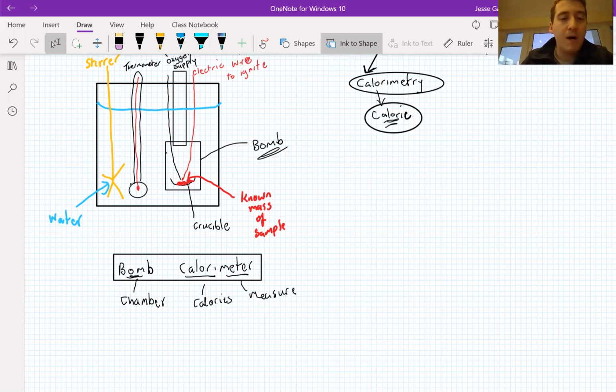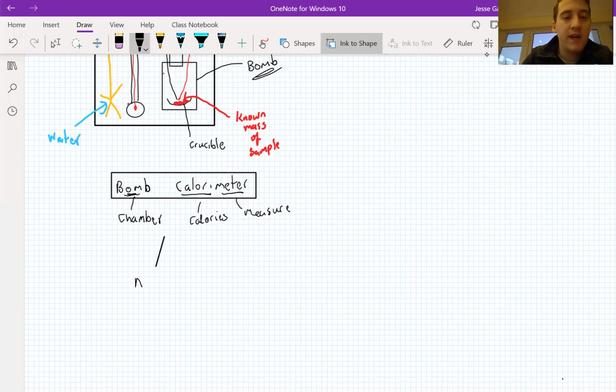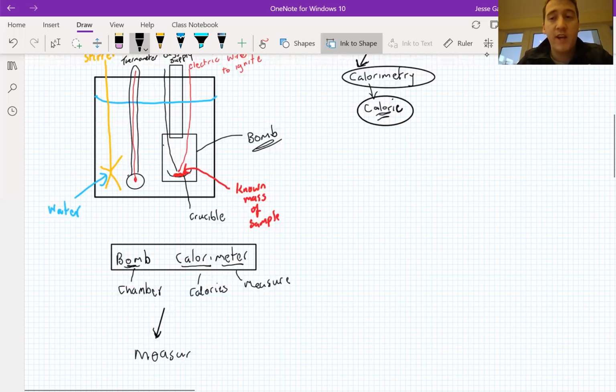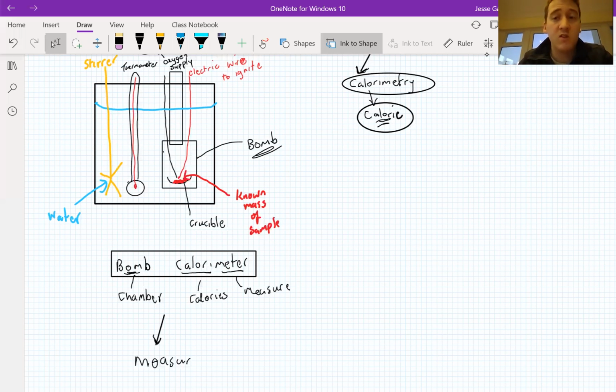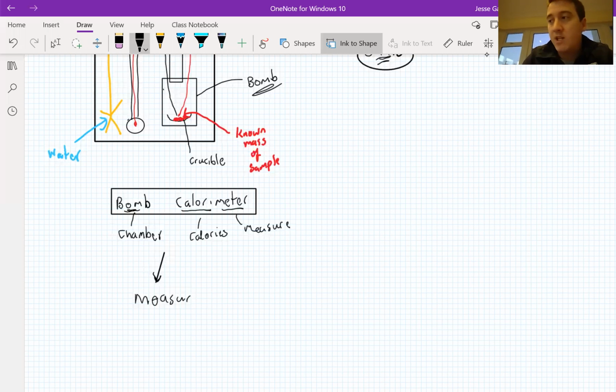Now, a bomb calorimeter works by measuring. It can't measure energy directly. It can't give you a number in joules. There's no reading where the thermometer gives joules. There's no other device there, a clock or a dial that can tell you the amount of joules. So it works by you measure the temperature change.